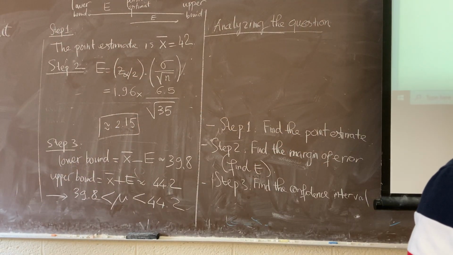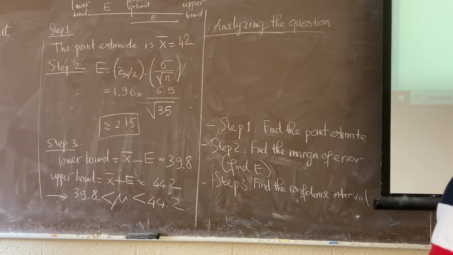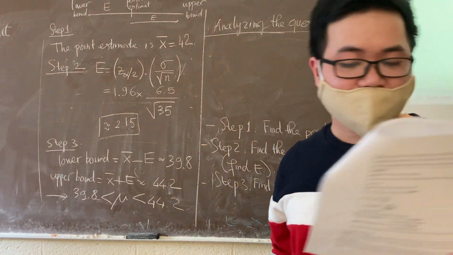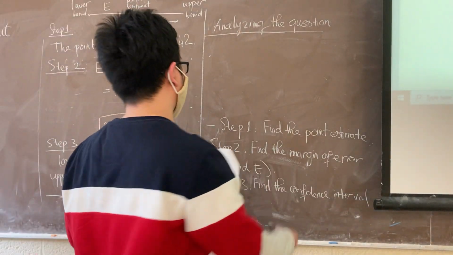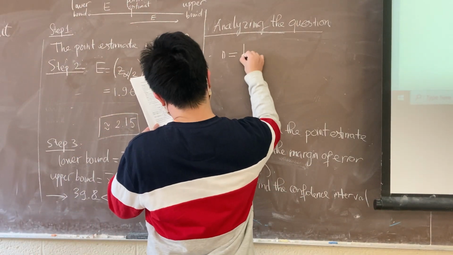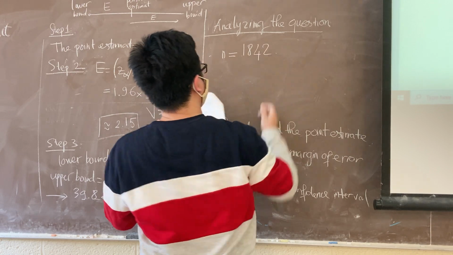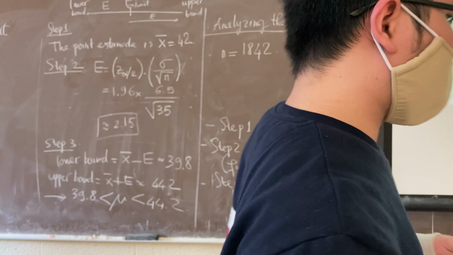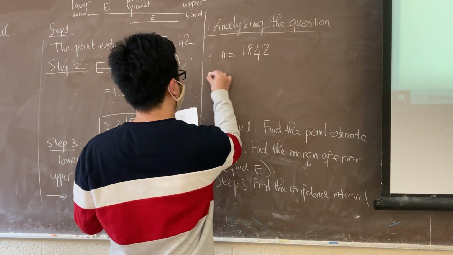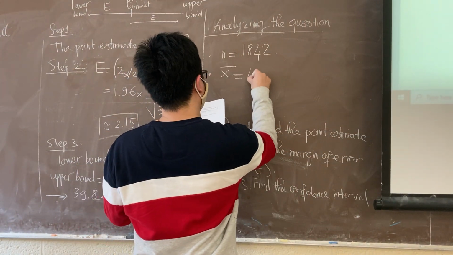In example 4, that means they give you the sample size. The sample size here is this number. And the sample mean is found to be 4.7. That means x bar here is 4.7.